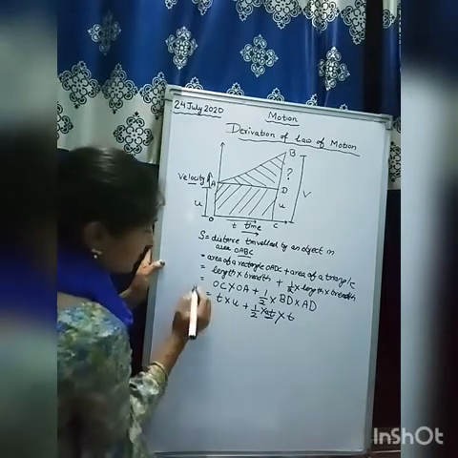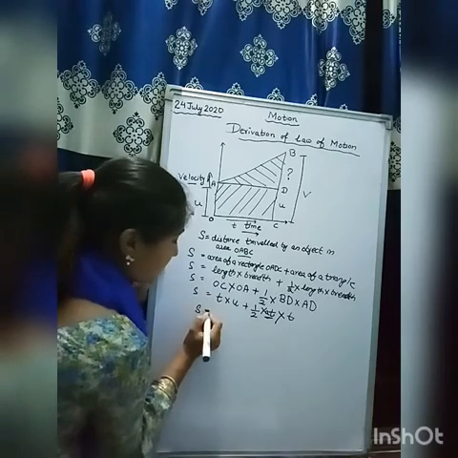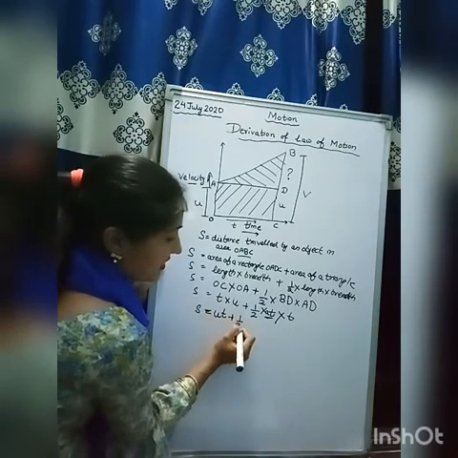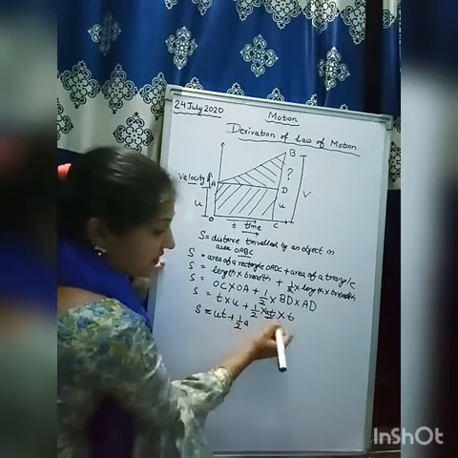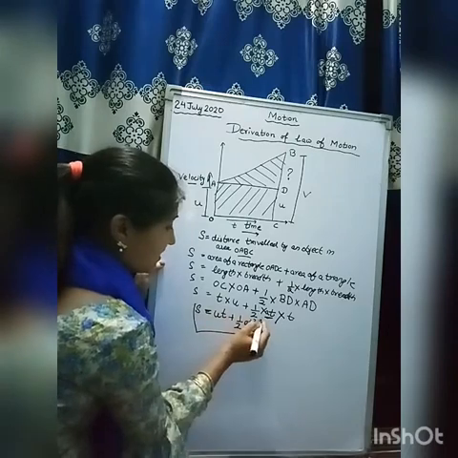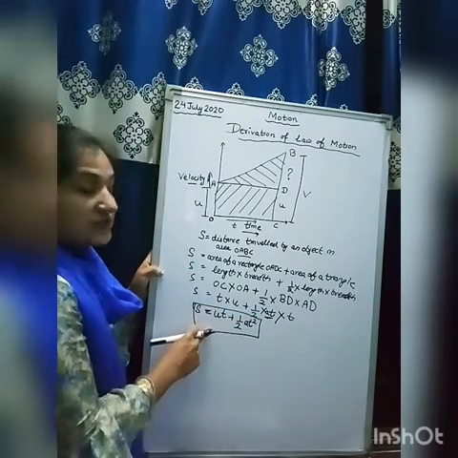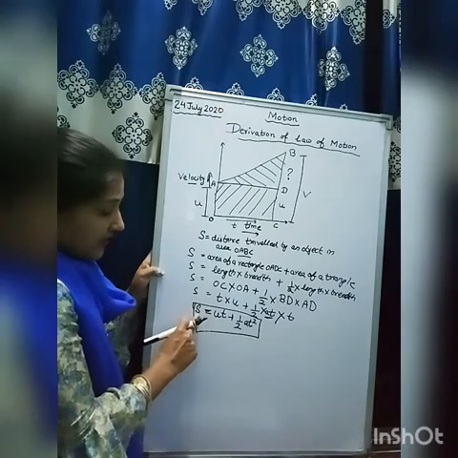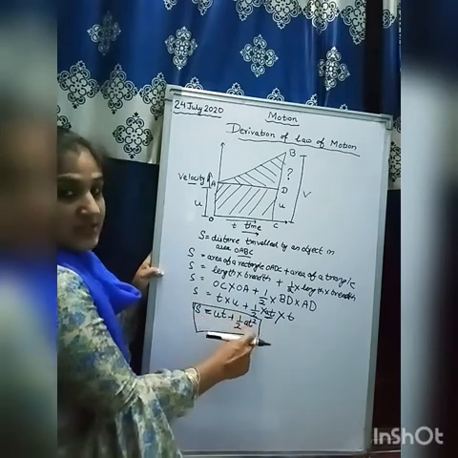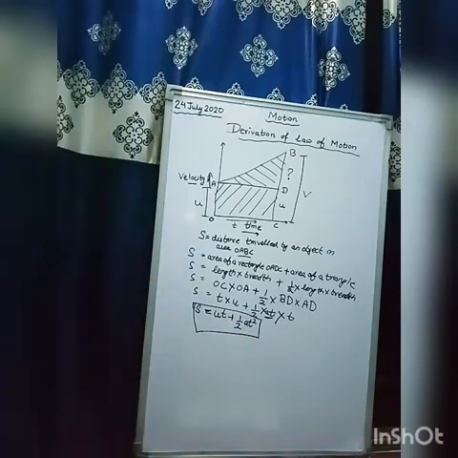Okay. Now this is S. So S is equal to UT plus half a into T and T, which becomes T square. So this is our second law of motion. This is the equation for the second law of motion: S is equal to UT plus half aT square. Now we will do the third equation.